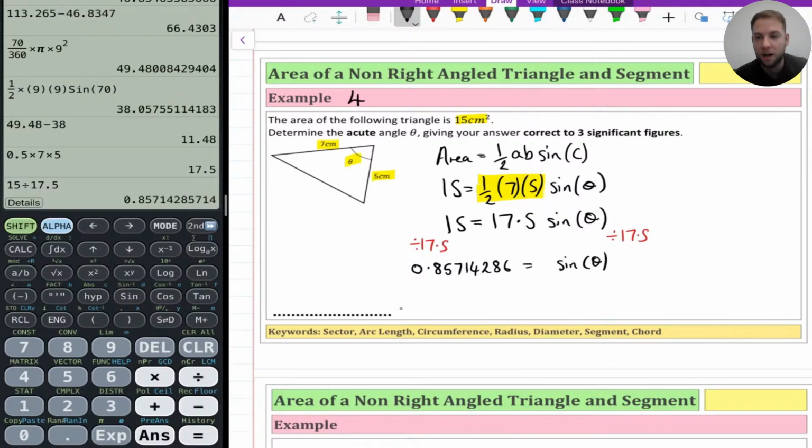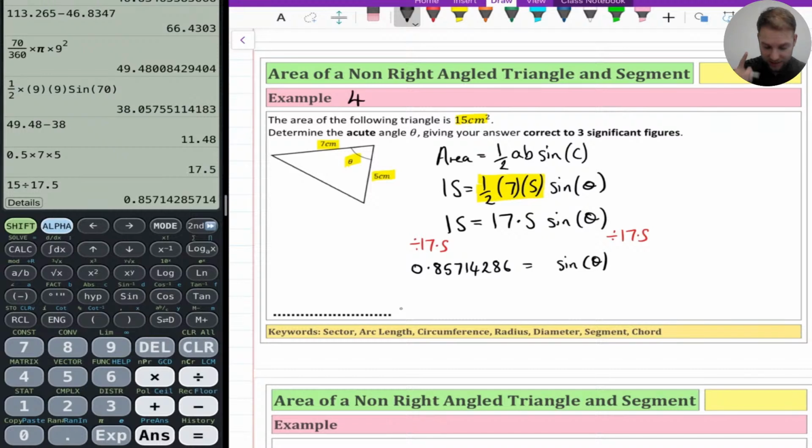Now this last part is the part you might not have seen before. If you've done some trigonometry of right angle triangles, then you might have seen this before. The problem is we need to get rid of that sine to get the theta on its own. However, you can't just divide by sine.